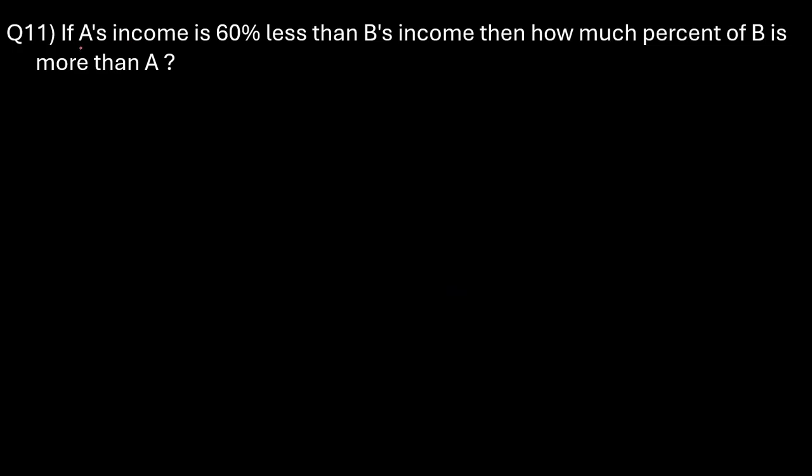Look at this question, guys. If A's income is 60% less than B's income, then how much percent of B is more than A? A and B. So, A's income is 60% less than B's income. So, let me suppose the income of B to be 100 rupees.